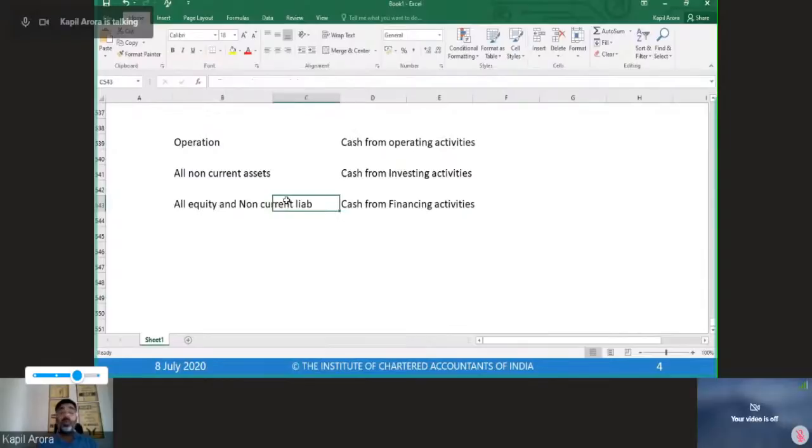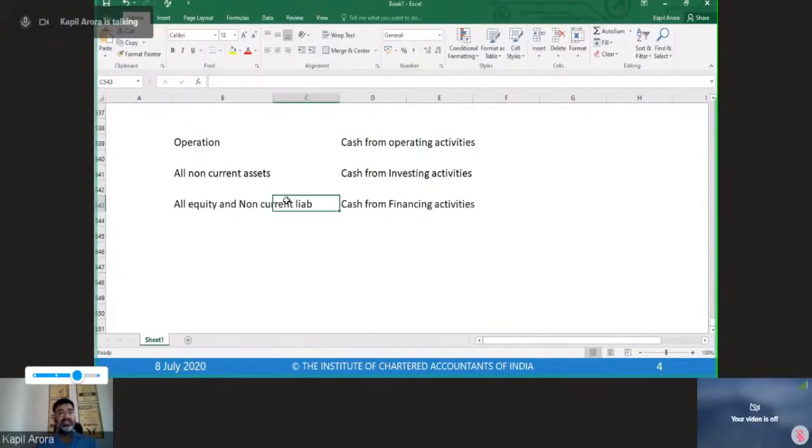If I have taken a loan from the bank, if I have issued shares, issued debentures, all these things, where I am getting finance, or I am paying dividend, or I am paying off interest for the loans, all these are related to my finance related work, and this will fall under cash from financing activities.